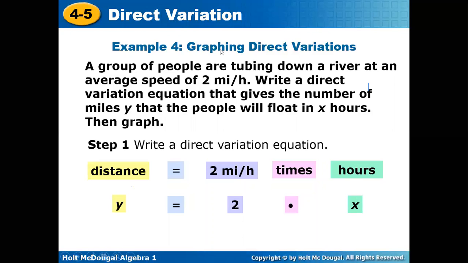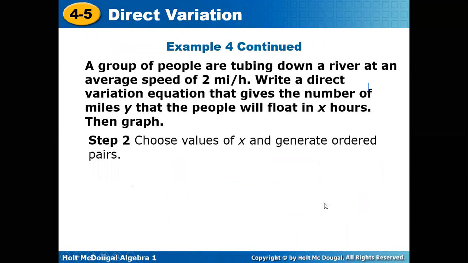Where is k? The k is the constant. If you read here, at an average speed of 2 miles per hour, it means 2. If you remember, when we see per, or for each, it means 2 miles for each hour. So 2 miles per hour is the constant of variation, 2 times x. So we have this equation y equals 2x.